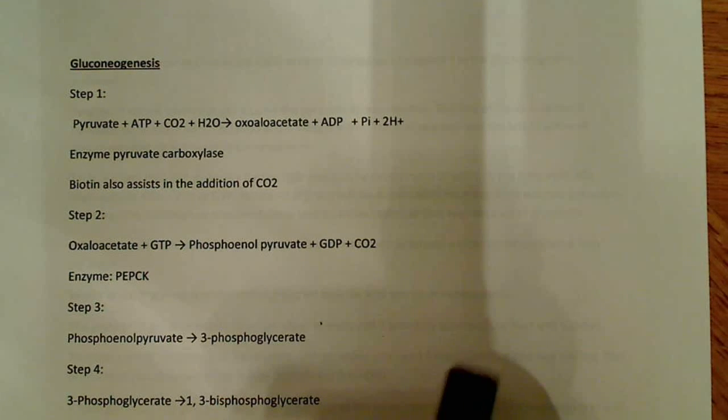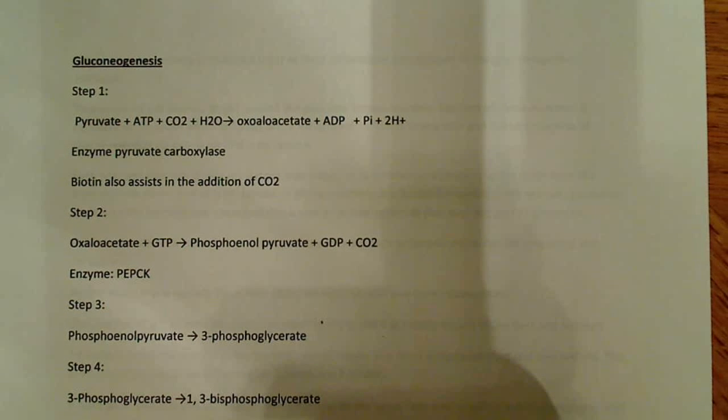And like I said before, anywhere in a metabolic pathway that requires ATP hydrolysis, some form of energy input, you can almost bet there's going to be regulation at that step. And you'd be right in thinking that here. Biotin also assists in the addition of CO2; it's a cofactor, or coenzyme, that goes along with pyruvate carboxylase to help in the process.